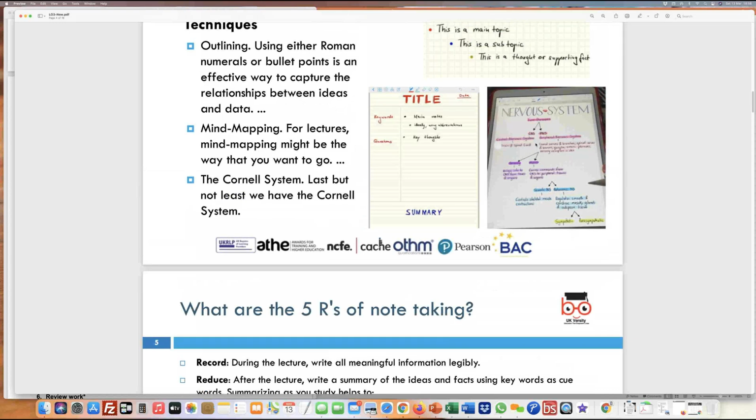So if you look at the Cornell system, it will note down the main points. An example I've taken on the slide is that the lecturer is talking about the nervous system in the human body, and the nervous system consists of two parts. So he's written two parts, CNS and PNS, and then central nervous system. Then he looks at which part of that central nervous system.